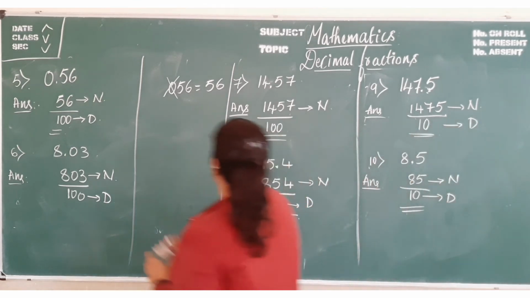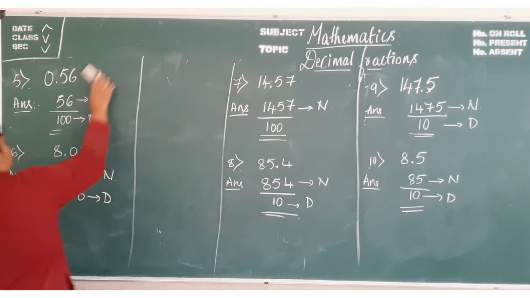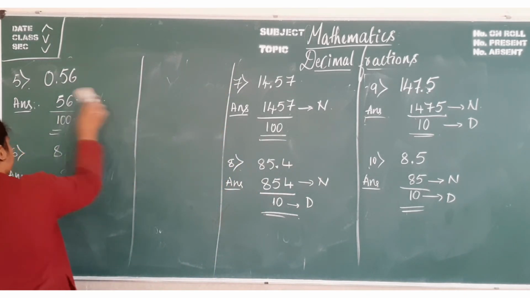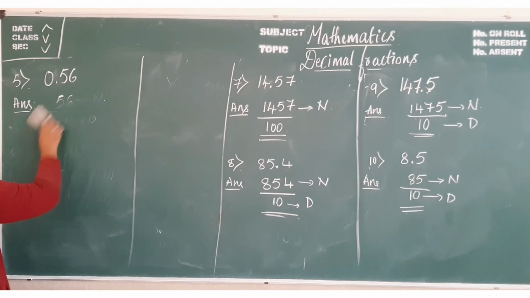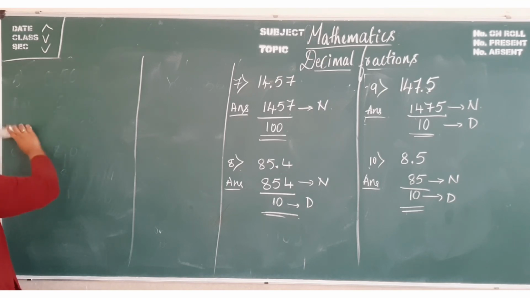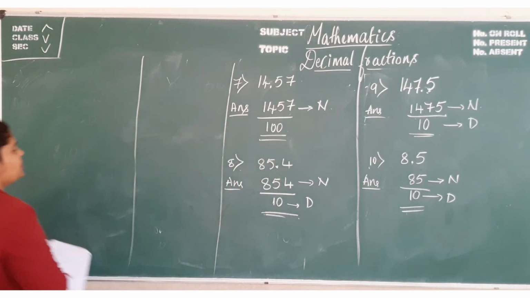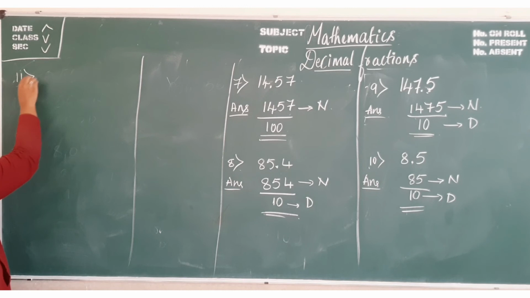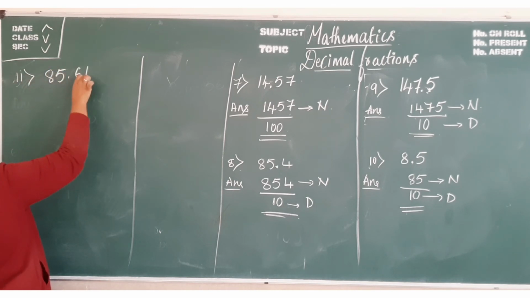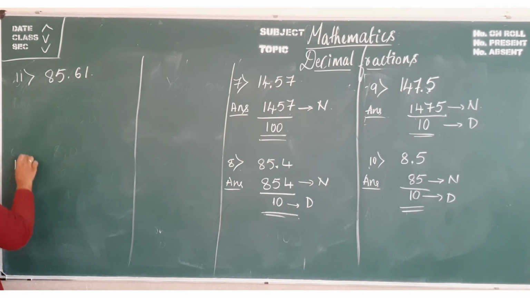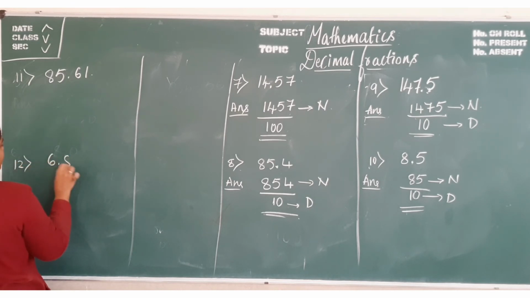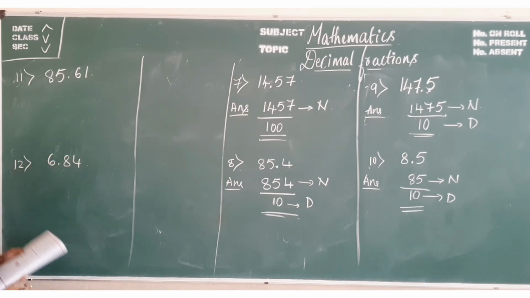Okay. Only thing is you should know how to convert. If you know, it's easy. It's very easy actually. Okay. Next question. 11th question, 85.61. 12th question, 6.84. Try this.